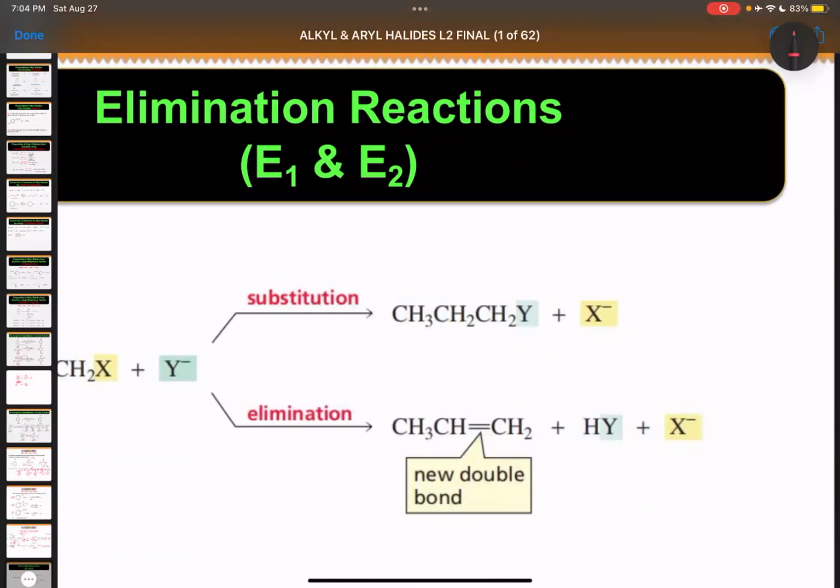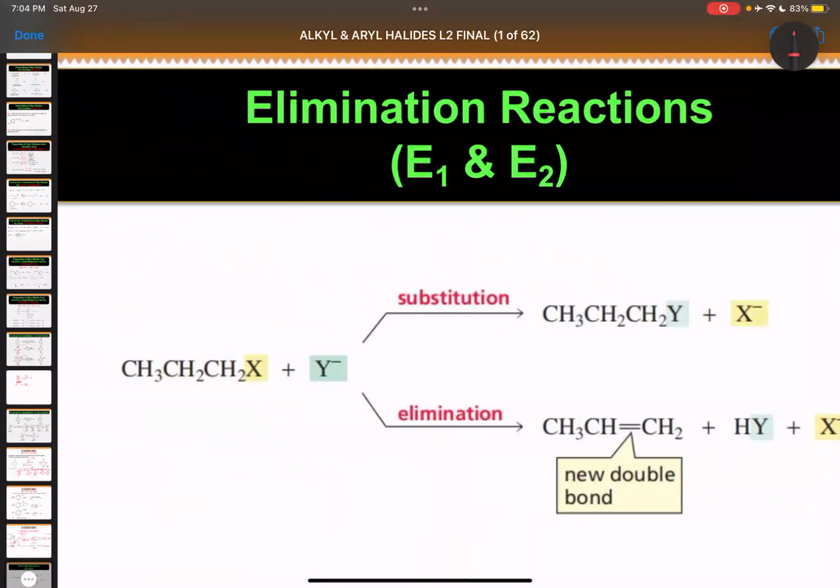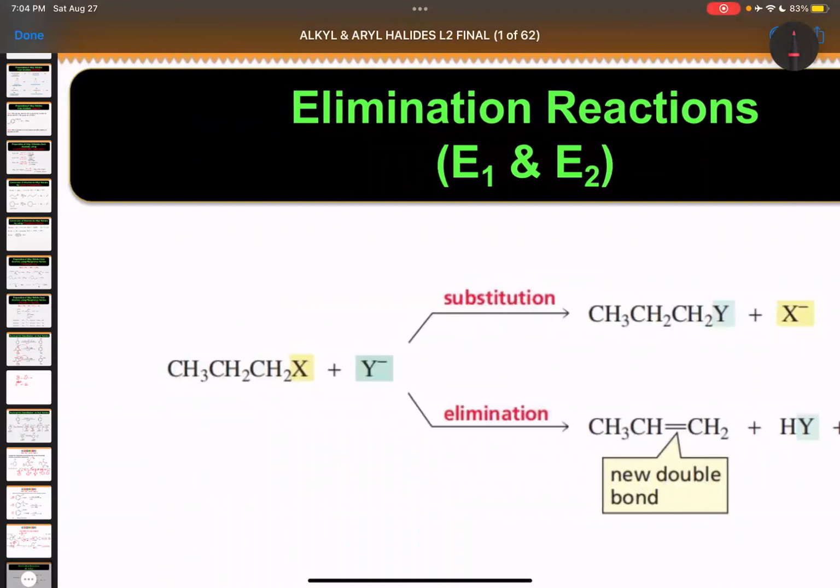And what's an elimination reaction? In an elimination reaction, two groups are removed completely and no other group takes their place. So what are those two groups which are removed completely? One is X, another is H. Both are removed completely.